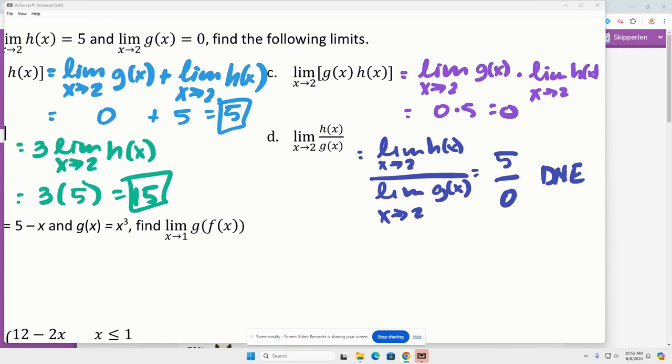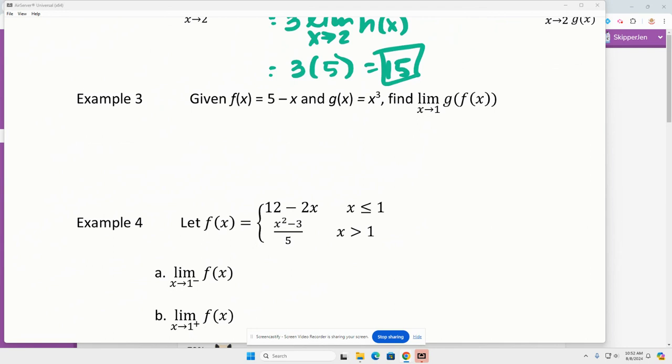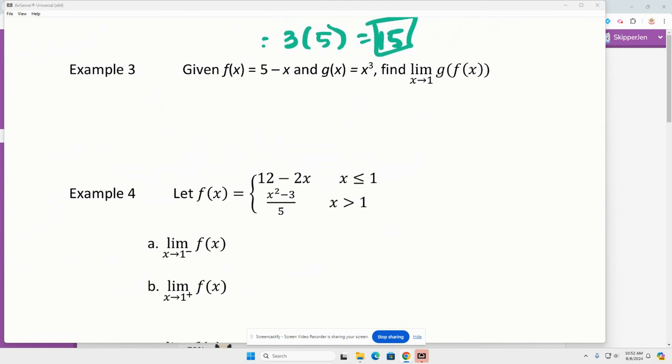All right. And then on example 3. So this is an example using the limit of a composition. So when we rewrite this, the G doesn't have a limit, just the F. All right, so G is going to hang out. I am just going to do direct substitution.